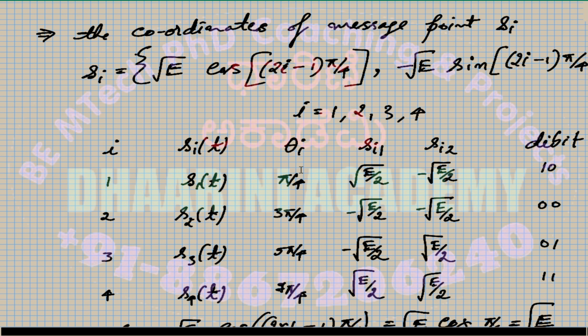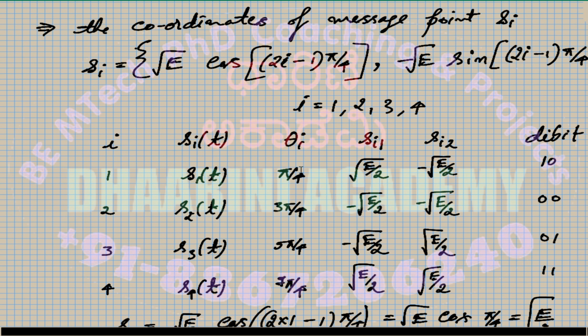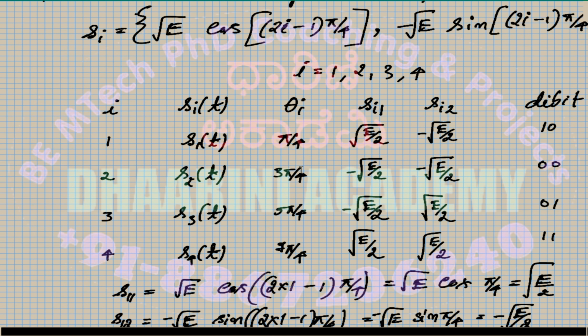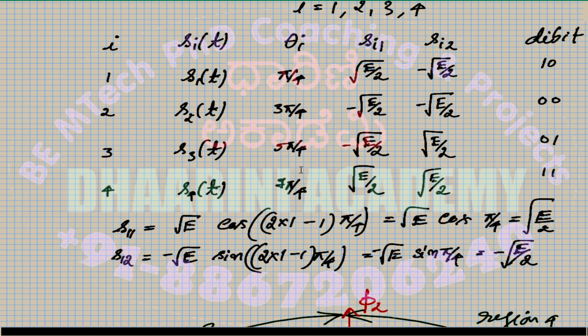Then we tried to get the space coordinates of the symbols we are going to send for different values of phi. We made a table, and S1, S2, S3, S4 are the time domain representations.